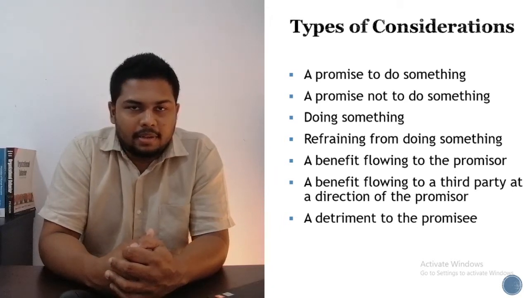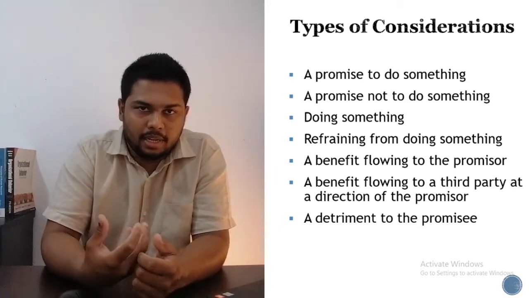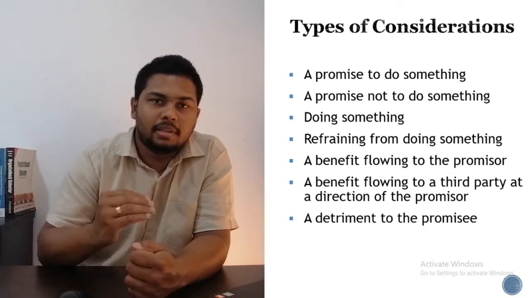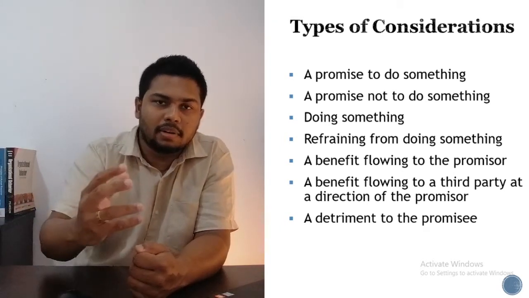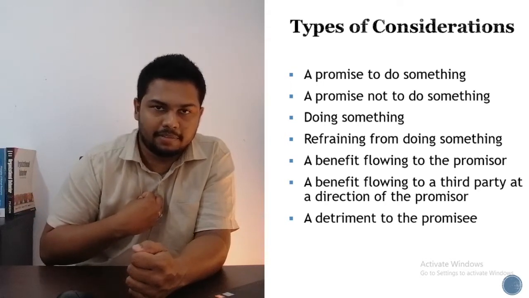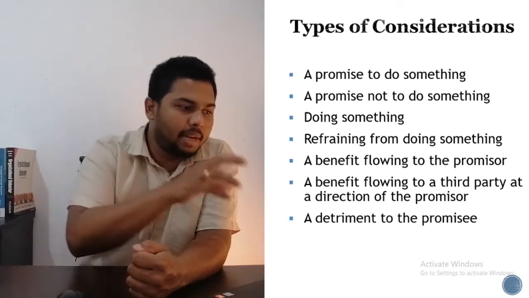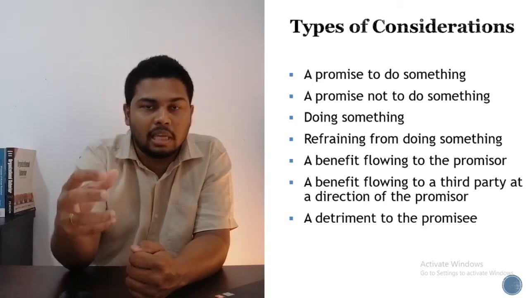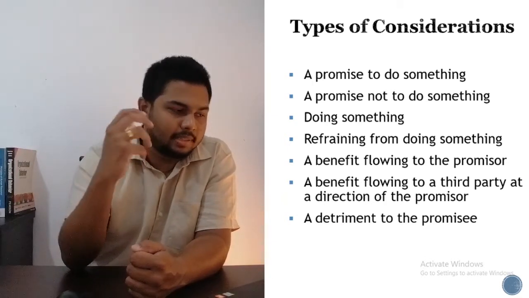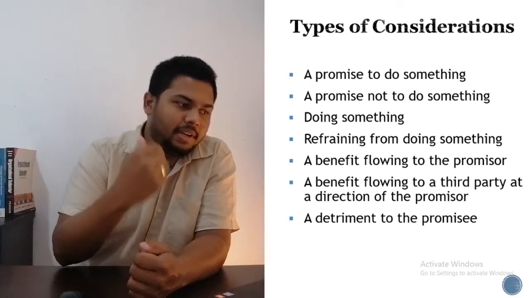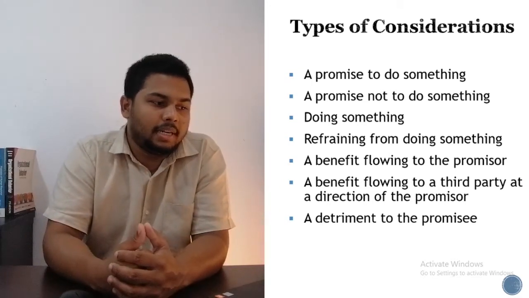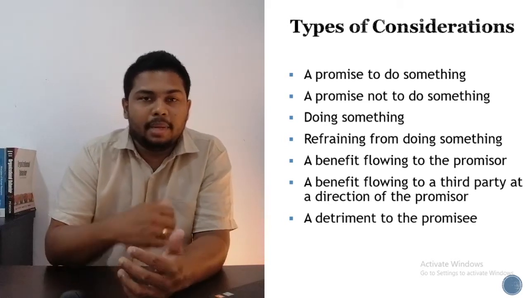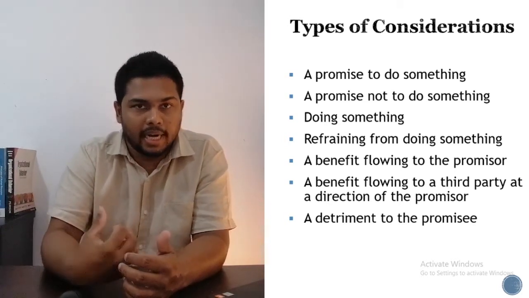Now, as an example, if I am the offeror and you are the offeree, I offer something to you, and in return you will pay me a rent income. That will be received by myself. That is what we call a benefit flowing to the promisor, from the promisee. And a benefit flowing to a third party at the direction of the promisor. Assume I have a creditor.